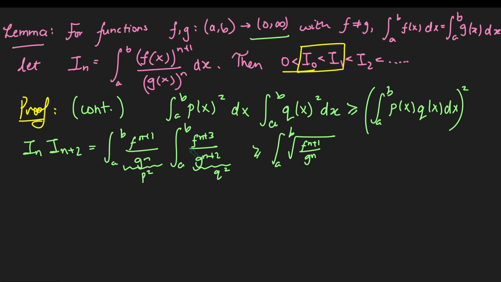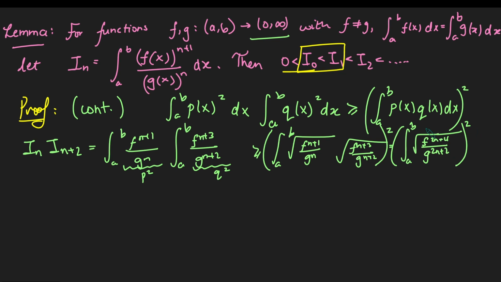And then what about q? That's going to be the square root of f to the n plus 3 over g to the n plus 2, and then all of that squared. Okay, but we can now just use basic properties of surds and bring these two together. So we get the integral from a to b of the square root of, if I multiply the numerators together, f to the 2n plus 4, and on the bottom g to the 2n plus 2, and then all of that squared.